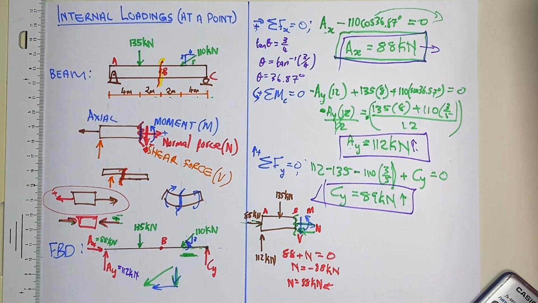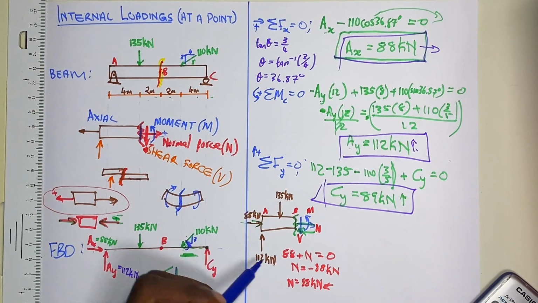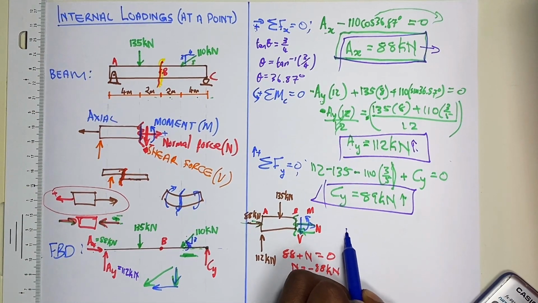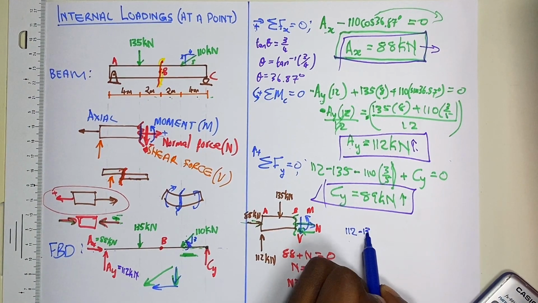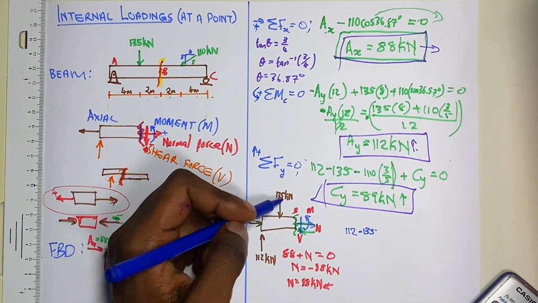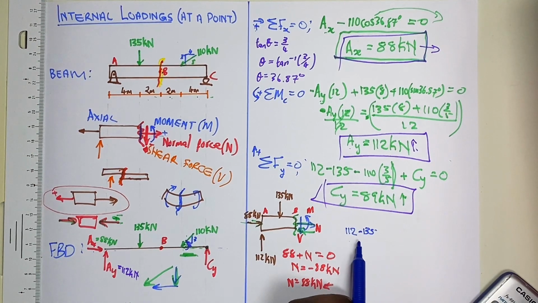Now the y direction, the sum of forces in the y direction, which are those? We have our 112, which is acting upwards, and then we have our 135, which is acting downwards, therefore it is negative.